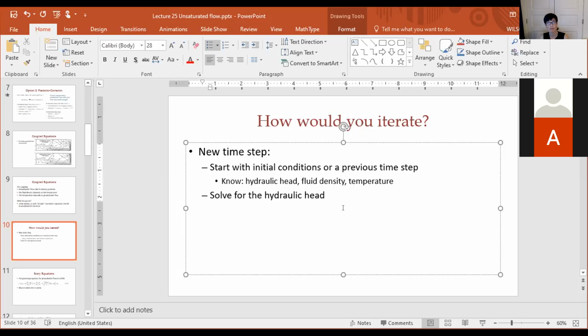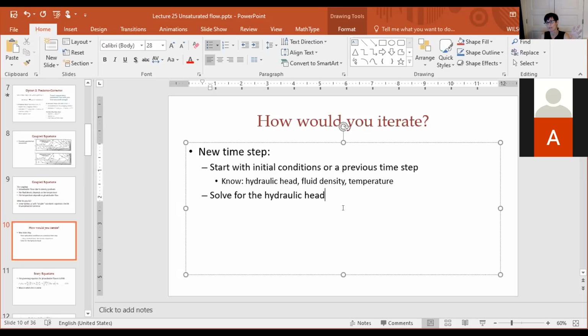We have new groundwater velocities. Could we use that for something? So the heat transport equation is like the solute transport equation in that it has three terms.